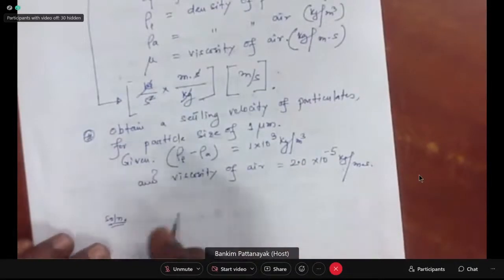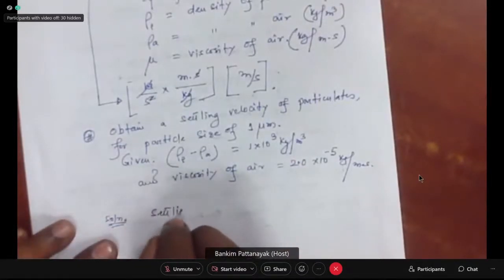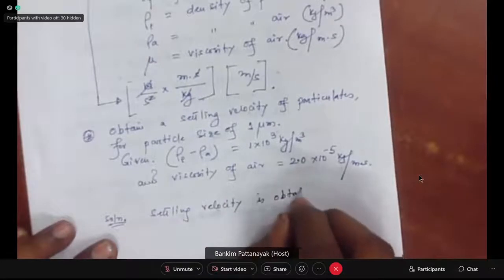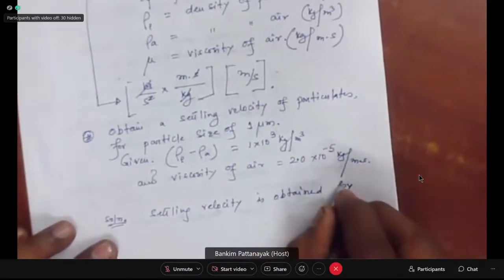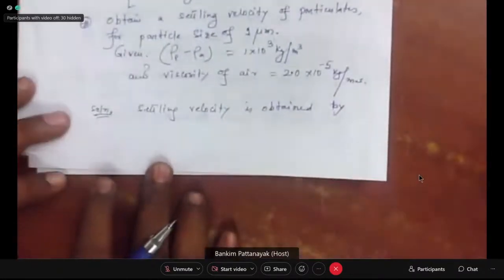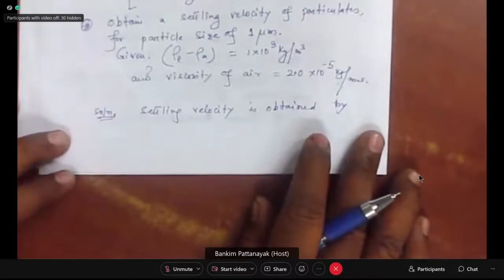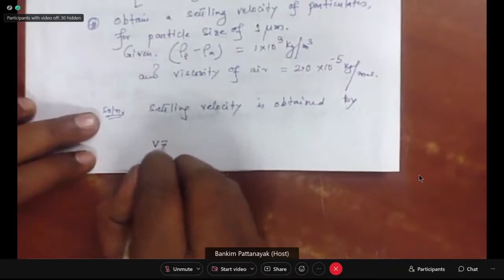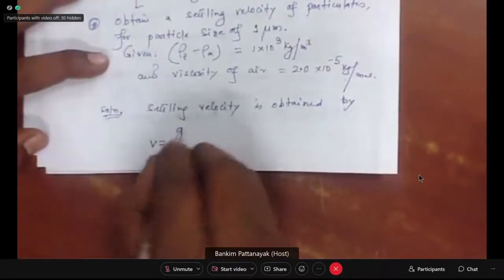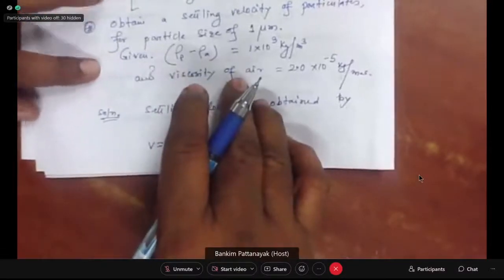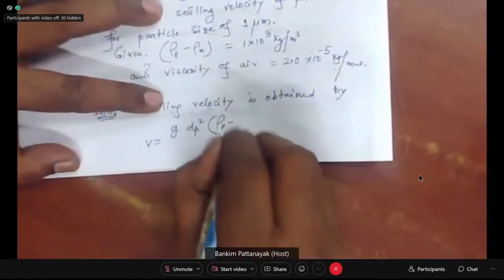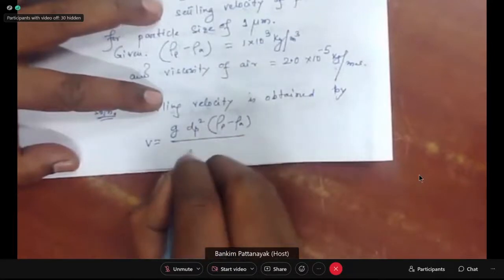Settling velocity is obtained by V is equal to g dp square (rho p minus rho a) divided by 18 mu.